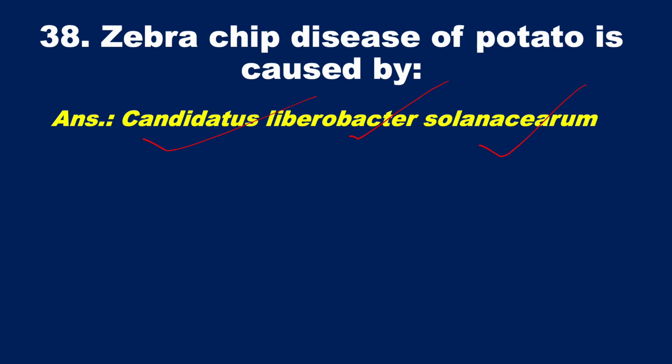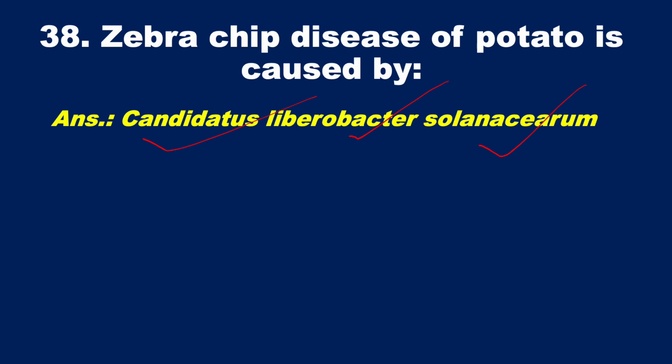Zebra chips disease can lead to reduced potato yield as infected plants may produce fewer or smaller tubers. In many cases, especially in severe conditions, these infected potato plants may exhibit stunting, reduced vigor and delayed maturity.